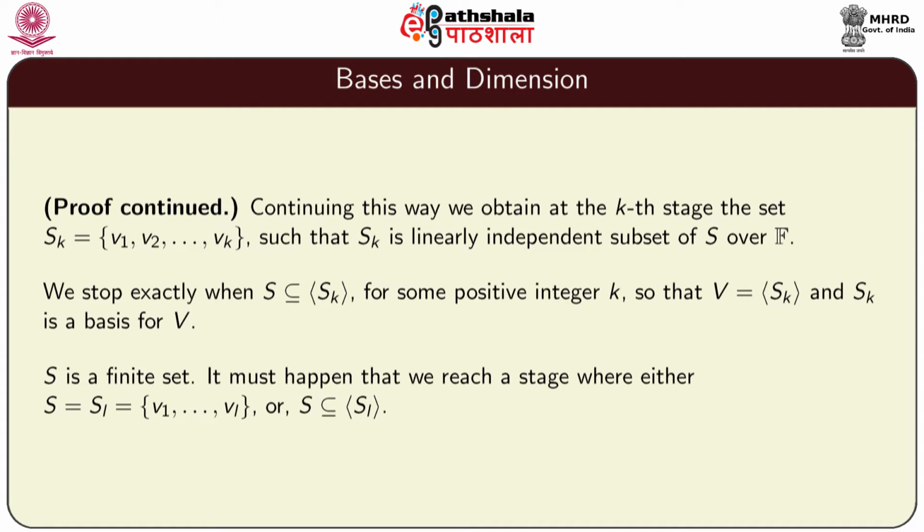So, we continue this process, and at the kth stage of this iteration, we get a set of vectors, call it Sk, consisting of V1, V2 and so on up to Vk, such that Sk is a linearly independent subset of S over the base field F. And at each stage we have to see whether S, that is the spanning set of V, is contained in the span of Sk.